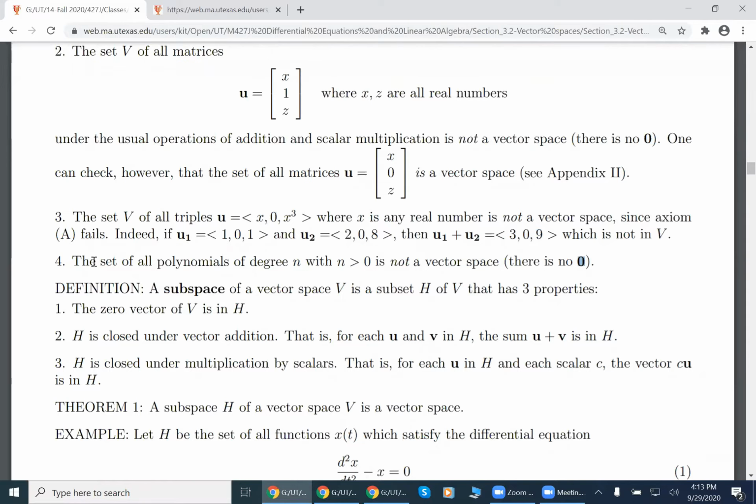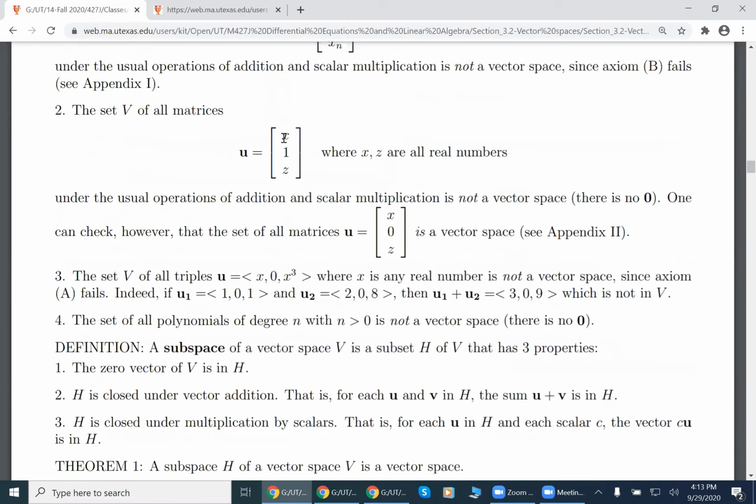Folks, before we continue, think about questions. In the vector space with x1 and z, and it says it's not a vector space, could you explain that one more time? Well, here this set is not a vector space because there is no zero. In order to come up with zero, we need 0 here, 0 here, and 0 here.